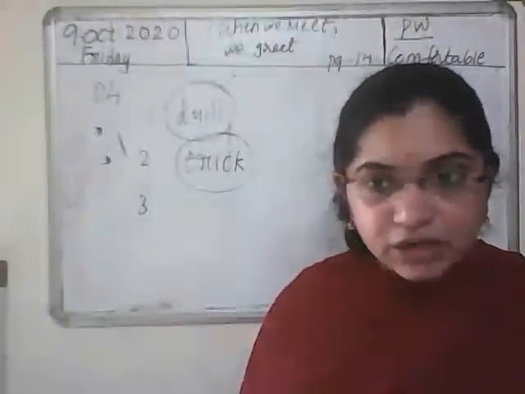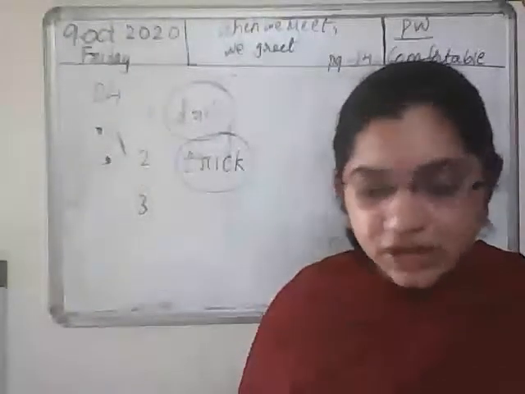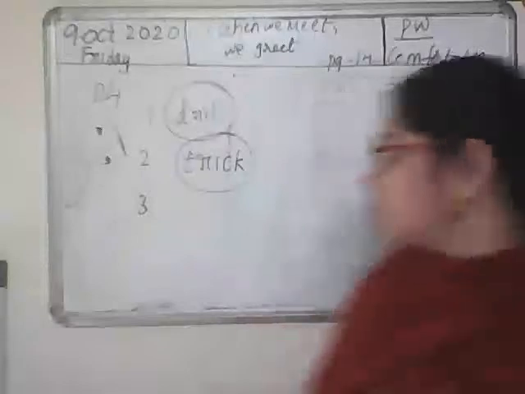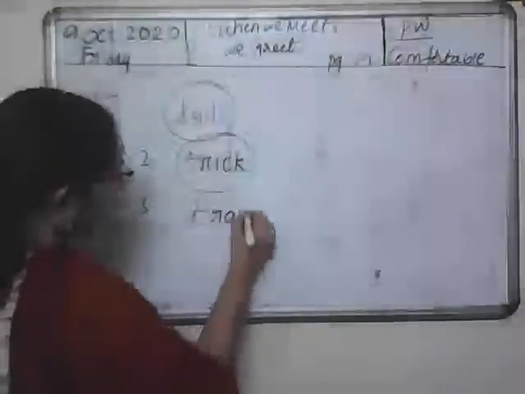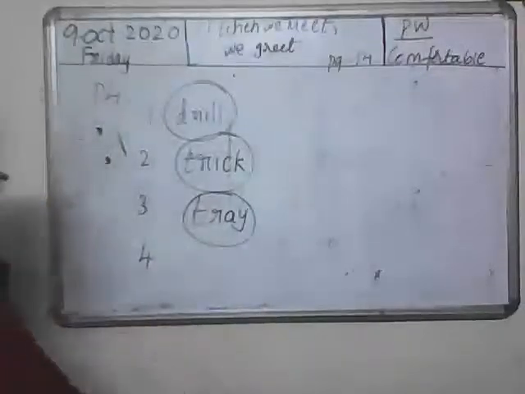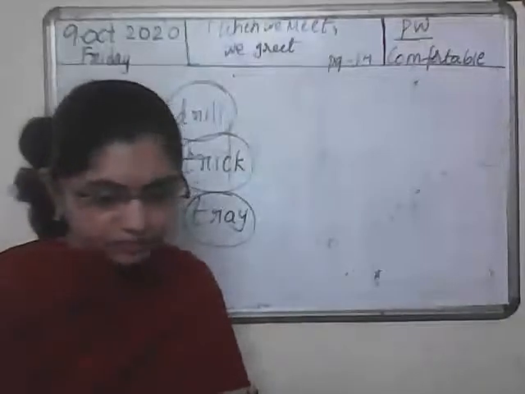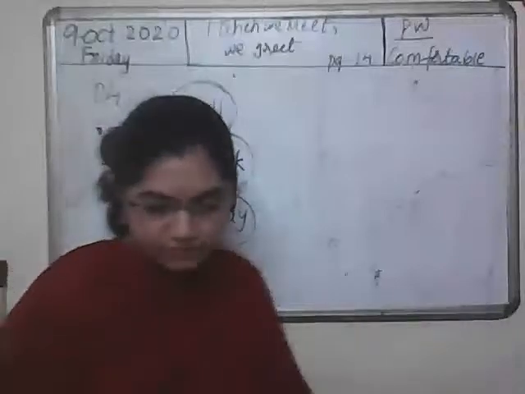And prank, pr. Except in tray, in all cases the sound is pr. Only in the case of tray the sound is tr. T-R-A-Y, tray. Circle tray. This is the odd one, and the sound is different, so this does not belong to the group.